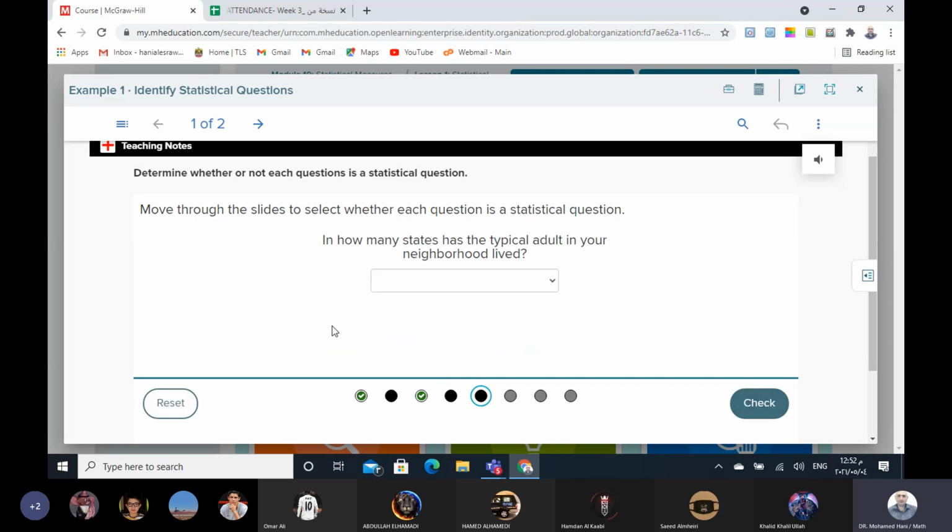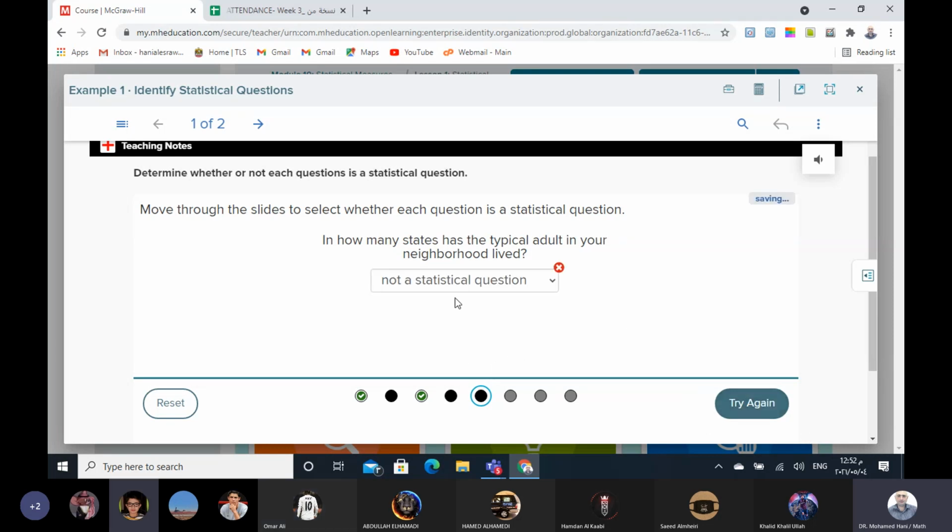In how many states has the typical adult in your neighborhood lived? Is this statistical or not statistical?